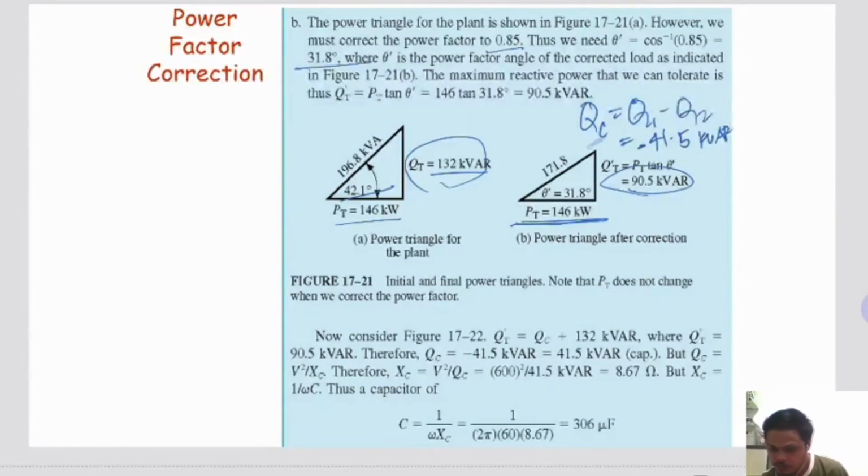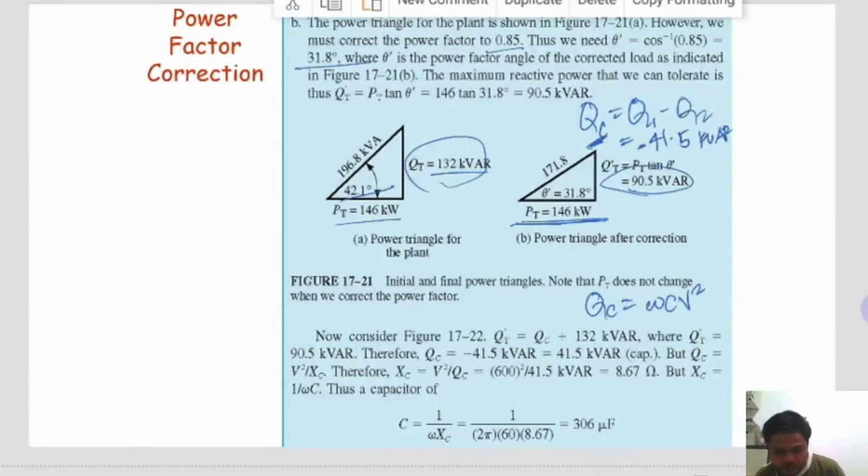Okay, so from this value, we can determine the required capacitance in the system. So again, QC is equivalent to omega C V squared.